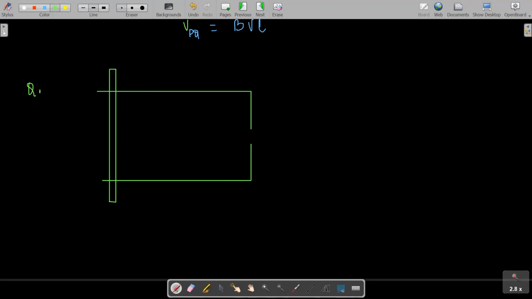This is 10 ohms, and these are rails, and this is a conductor which is moving here. I'll say that the magnetic field is 2 Tesla.